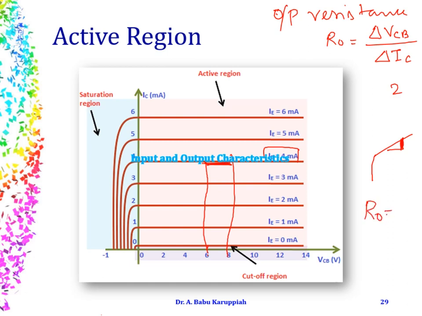So RO is equal to del VCB by 0, which is equal to infinity, and so we say that the output resistance of the common base configuration is very high. The input resistance of common base configuration is less. The output resistance of the common base configuration is very high.